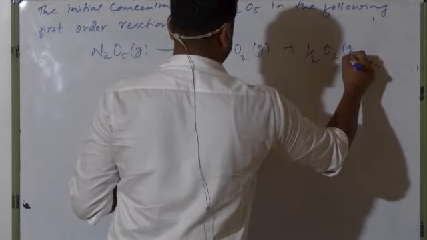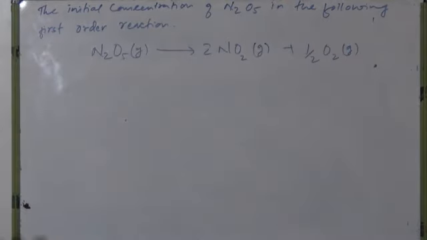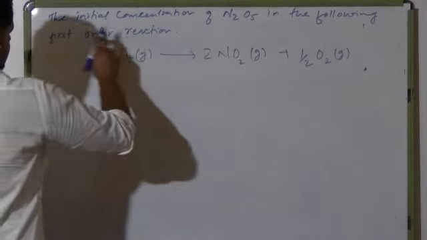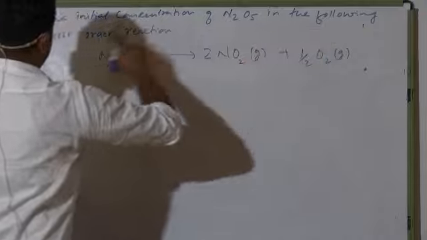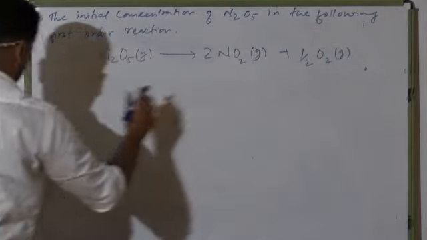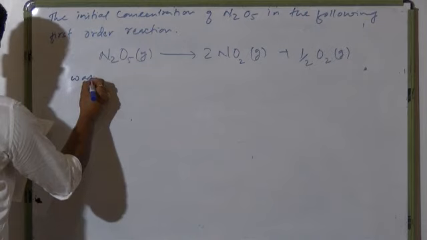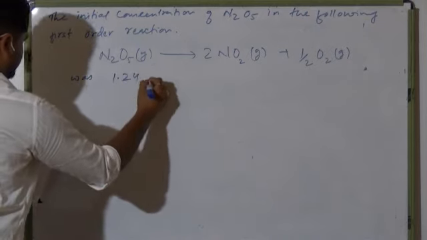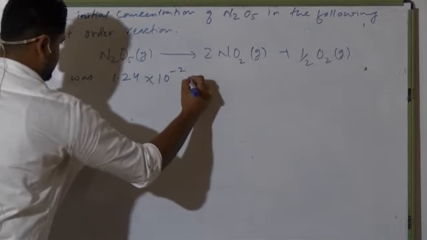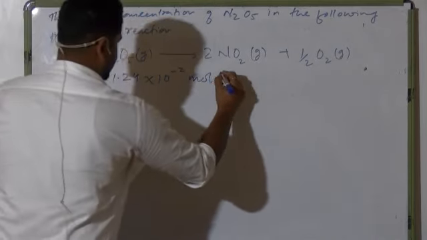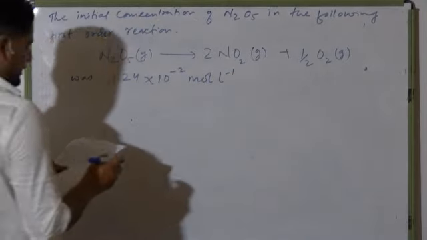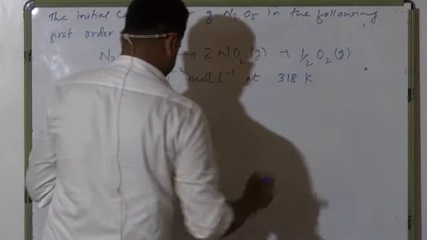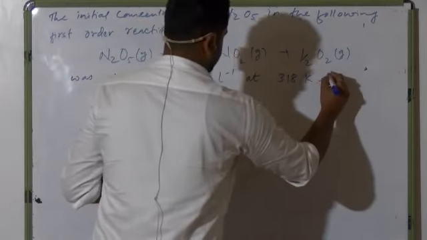This is the equation. So the initial concentration of N2O5 in this reaction was given as 1.24 into 10 to the power minus 2 moles per liter, that is molar concentration only, at 318 Kelvin.